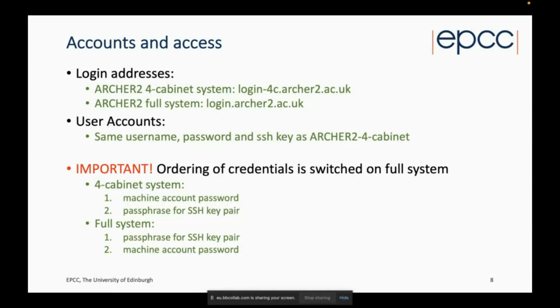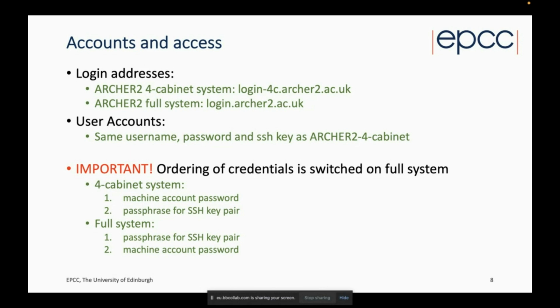for the full cabinet. One important note here though: we have changed the ordering of the credentials for when you connect to the full system. Currently on the full cabinet system, when you connect, you're asked for your 2 factors to authenticate. The first one you enter is your machine account password, and the second one is the passphrase for your SSH key pair.